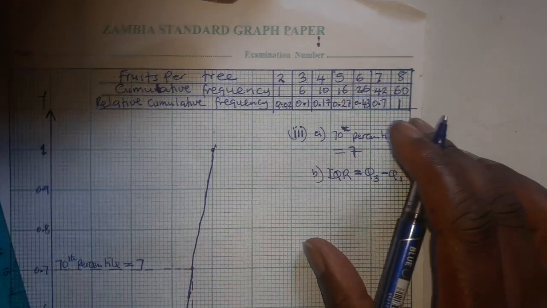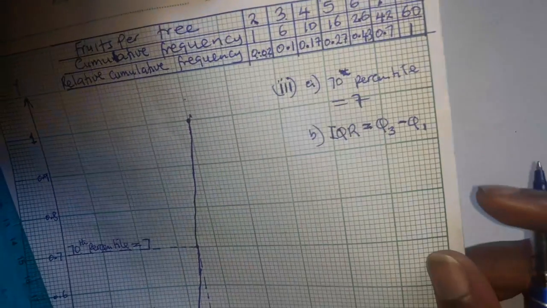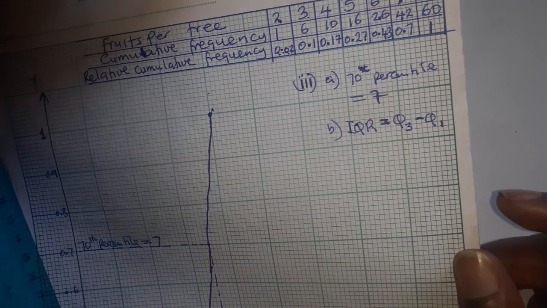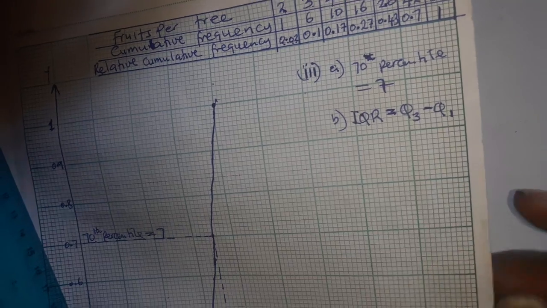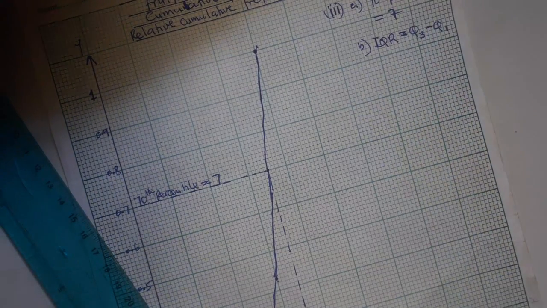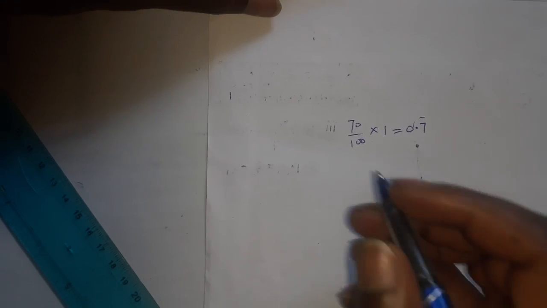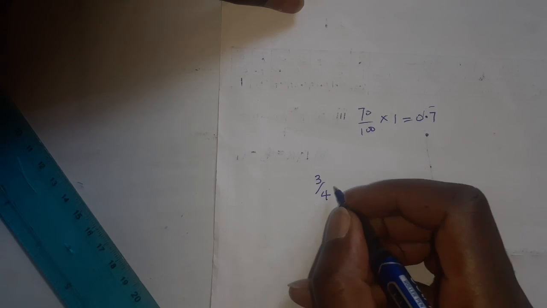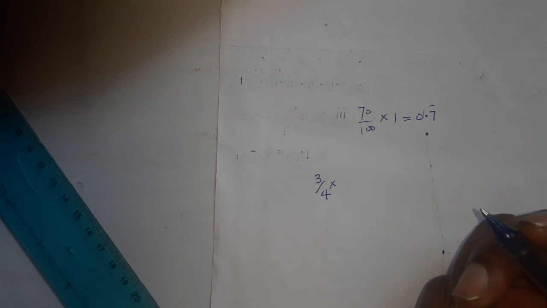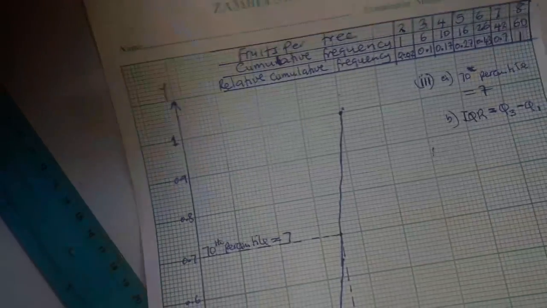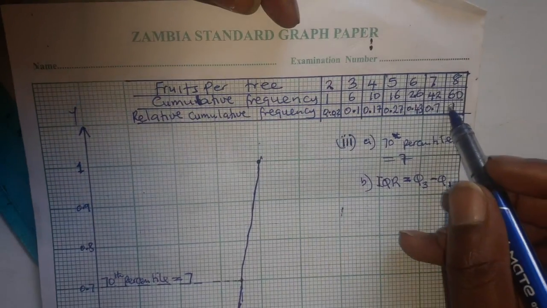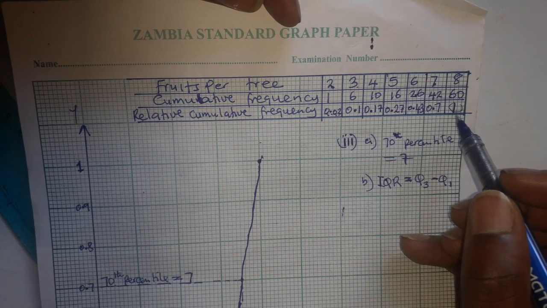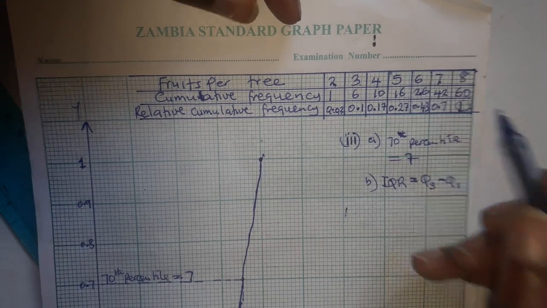This is the formula for the interquartile range. So how do we find the lower limit and the upper limit? The upper limit is 3/4 of the total. What is our total in this case? The total of the relative cumulative frequency. The total, we are always using 1. So we get this 1 here.